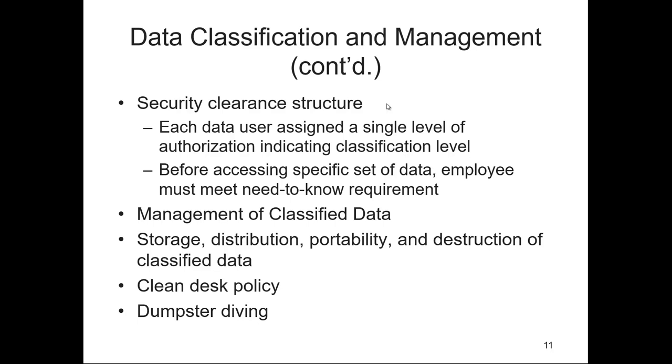Before individuals are allowed to access a specific set of data, they must meet the need-to-know requirements. Do they need to know this kind of information? Are they allowed to use this kind of information? This extra level of protection ensures that the confidentiality of information is properly maintained.